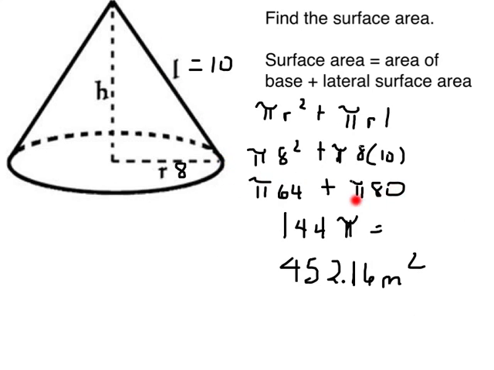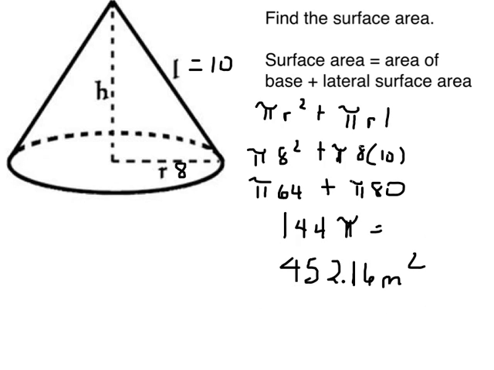So we have pi times 80, so 64 times pi plus 80 times pi would be 144 times pi, which comes out to 452.16 meters squared. And you can find all of these formulas, and all of these examples actually are in your book. You can go back and refer to it and look step by step again if you need to.